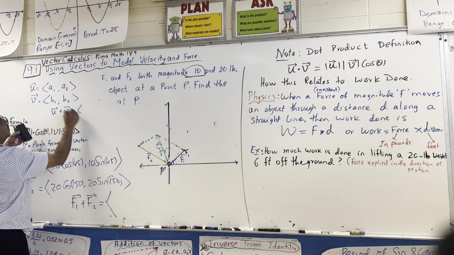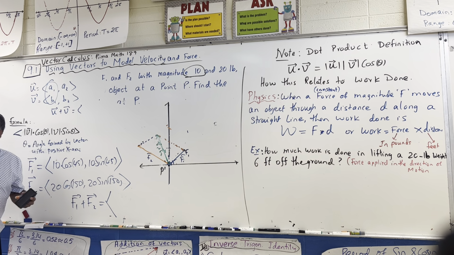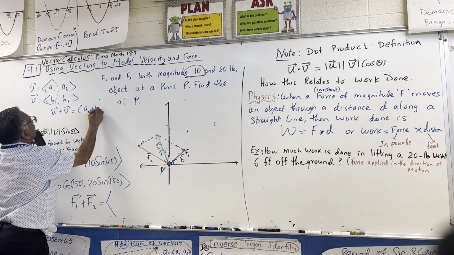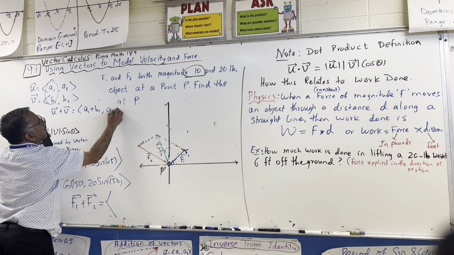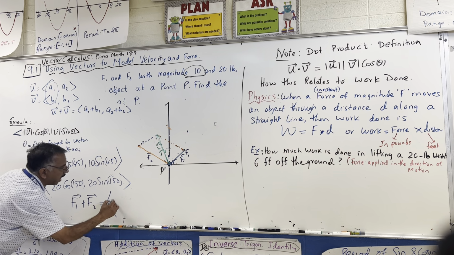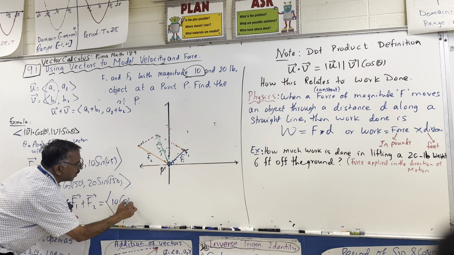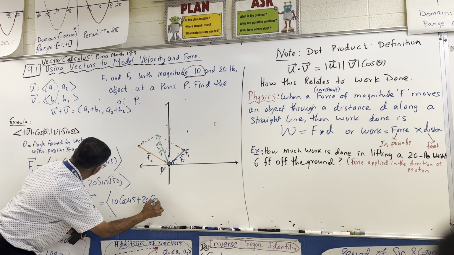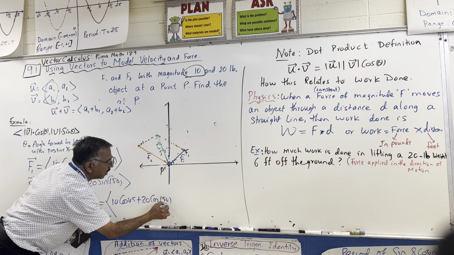So you add A1 plus B1, and then you're adding A2 plus B2. Got it so far? And then I'm just doing this: 10 cosine 45 plus 20 cosine 150, and the other one.